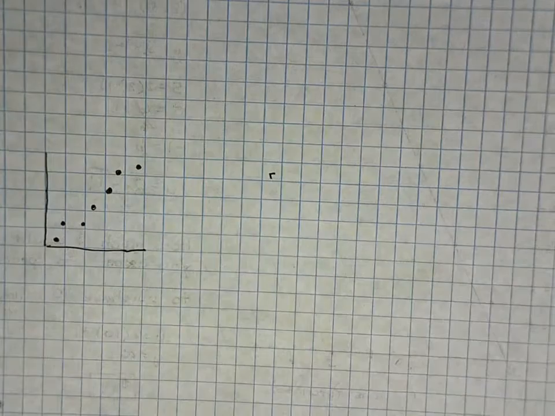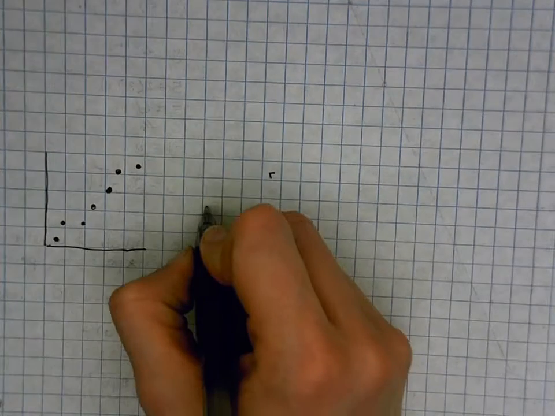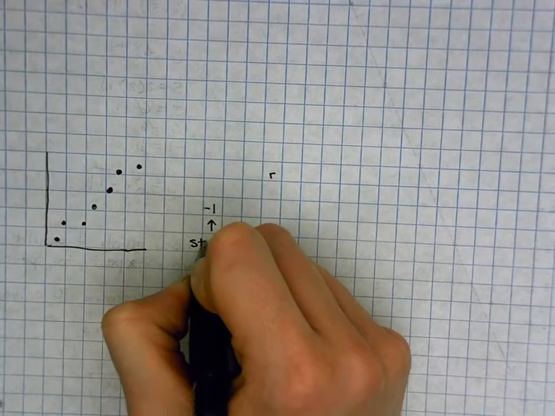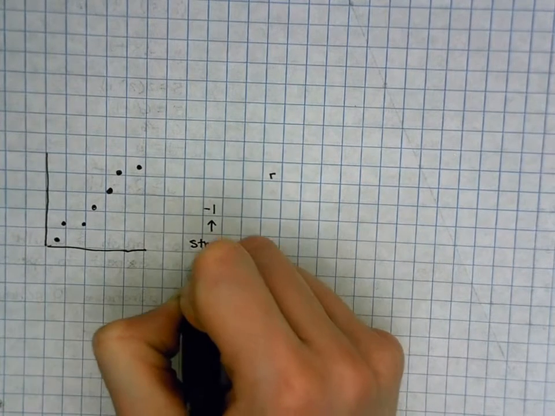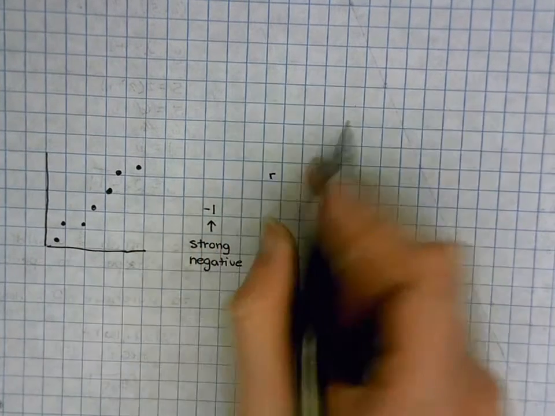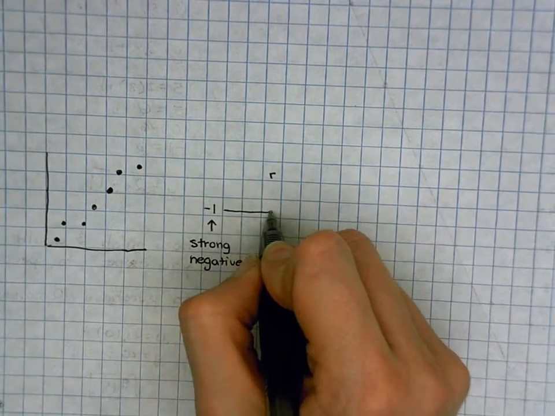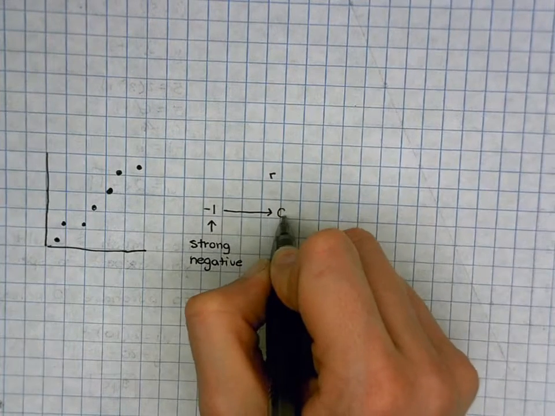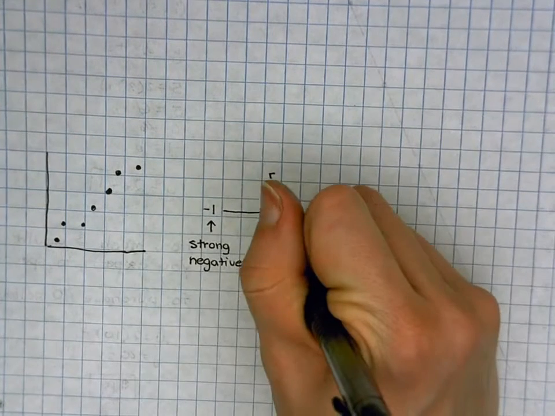And when R is close to -1, this is a strong negative correlation. And then there's a spectrum of numbers, and as it gets closer and closer and closer to 0, at 0 there is no correlation.